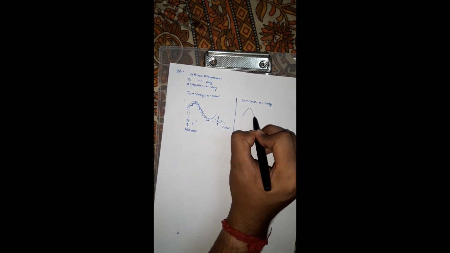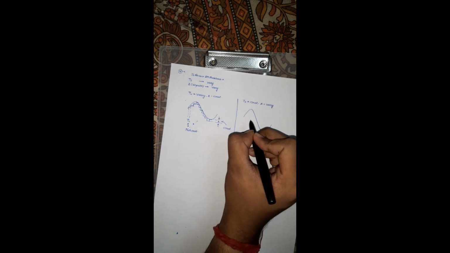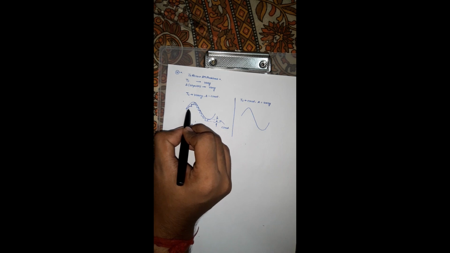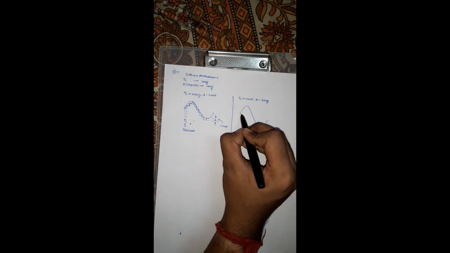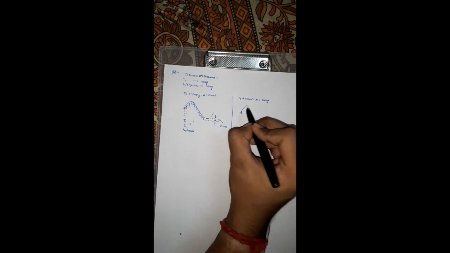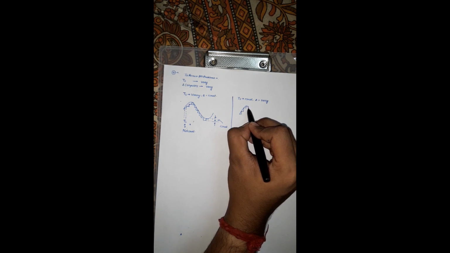Here the TS is constant, that means this time interval is constant, but the vertical step size is varying.